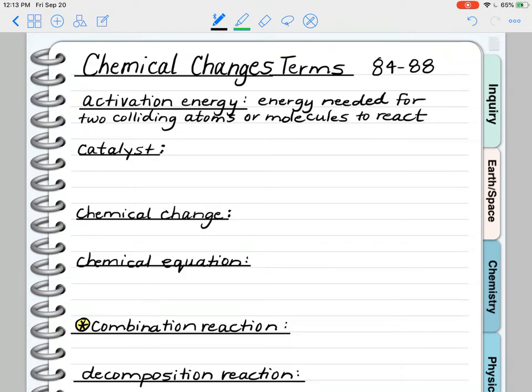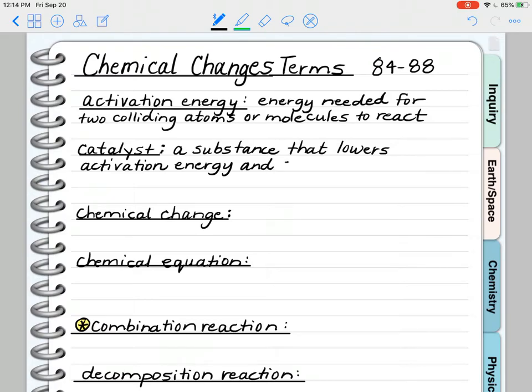A catalyst is a substance that reduces, or I'm going to say lowers, activation energy, so it lowers the energy needed for this reaction to occur, and speeds up a reaction.